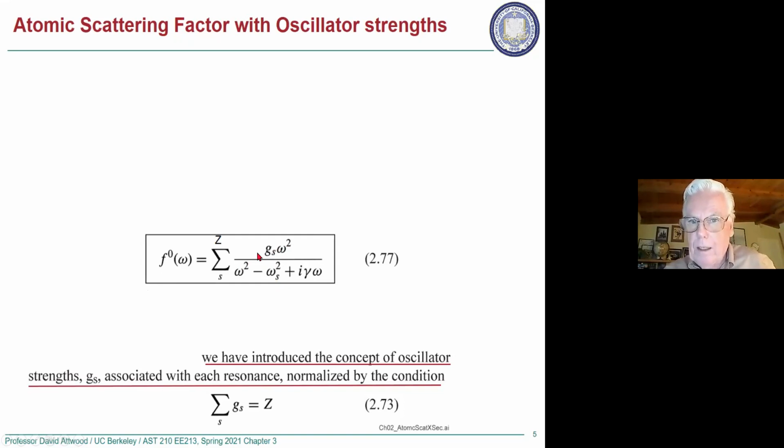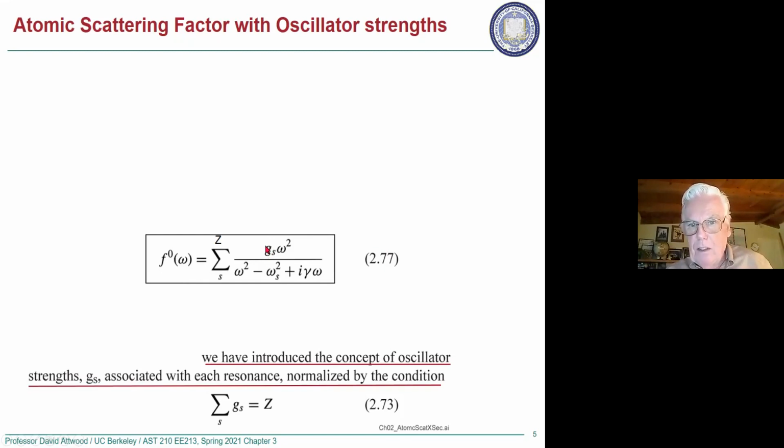So we introduced this. This is the way it was developed classically, with a so-called oscillator strength here. And in the early days, they were considered integers: how many electrons were in certain possible resonance, certain states that had certain whole units of oscillator strength.